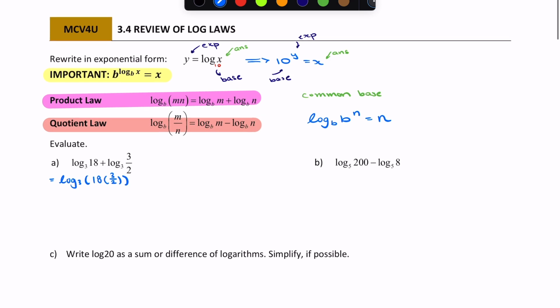So here we'll have log base 3 of 27. We can rewrite it as log base 3 of 3 to the power of 3. So log base 3 of 3 will cancel out, and that will just give us an answer of 3.